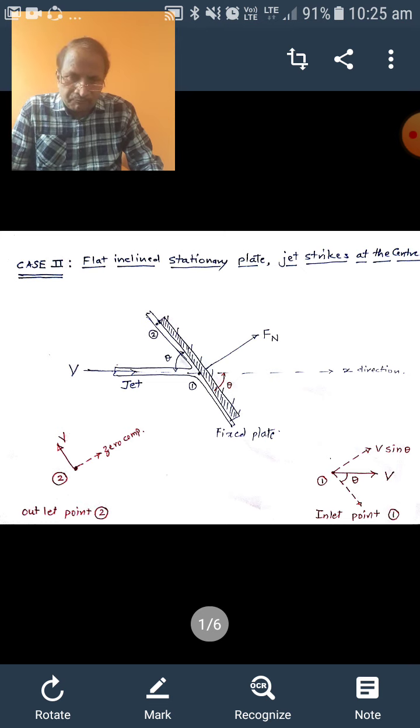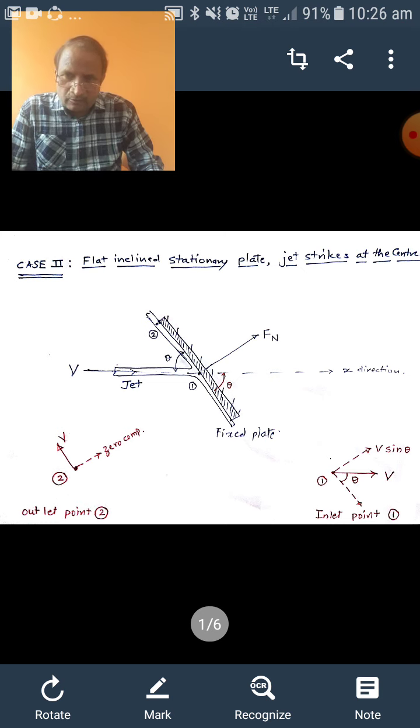Therefore we have to calculate the components of velocities at point 1 and point 2 in the normal direction Fn. So you can see here at the bottom I have shown the velocity diagrams. At point number 1, the velocity of the jet is in x direction. Now the angle theta is shown, where the normal component of velocity at point number 1 comes out to be V sin theta. Now you go to point number 2, the left bottom part.